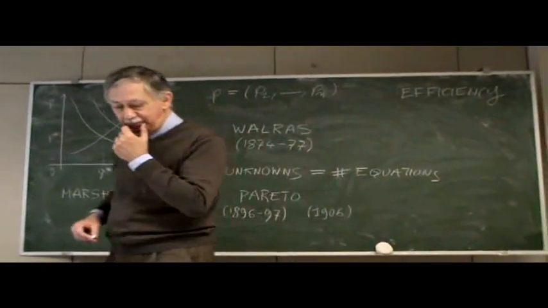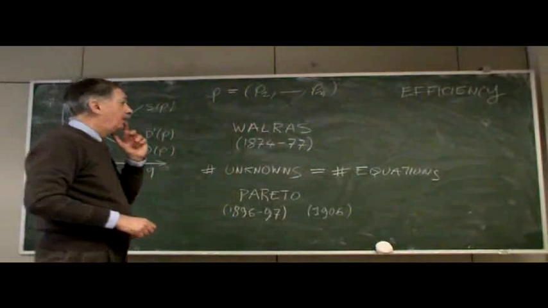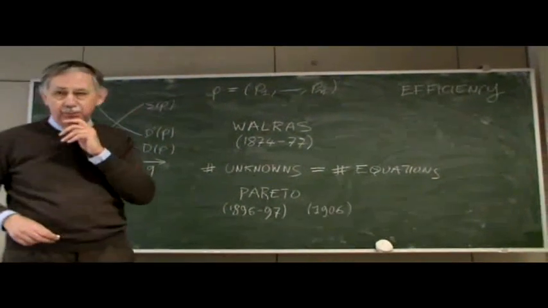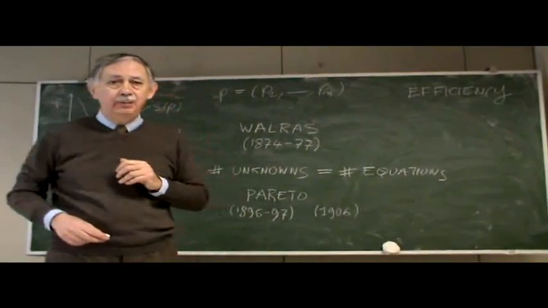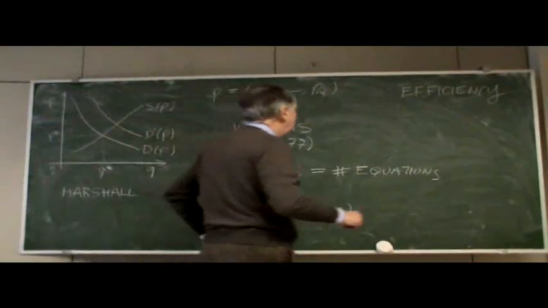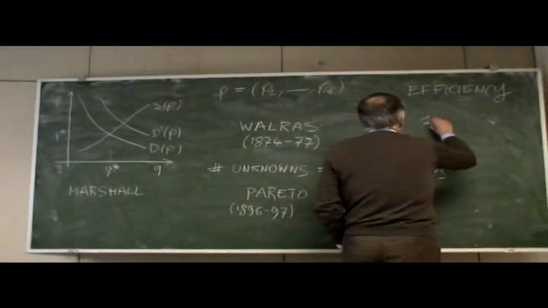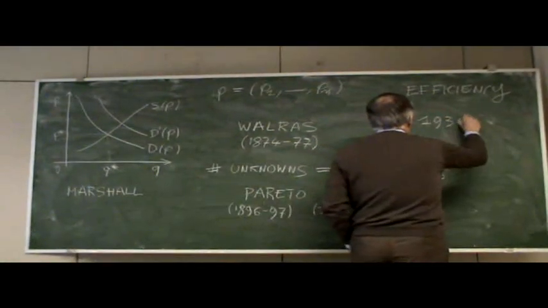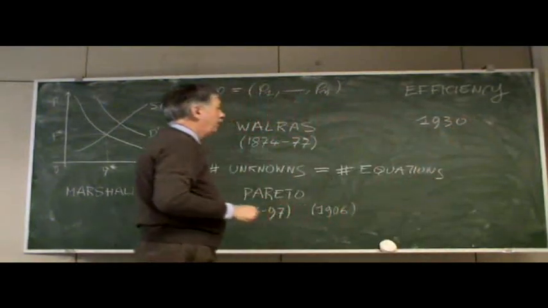After Walras and Pareto, there was not a great contribution to general equilibrium theory until the 1930s.